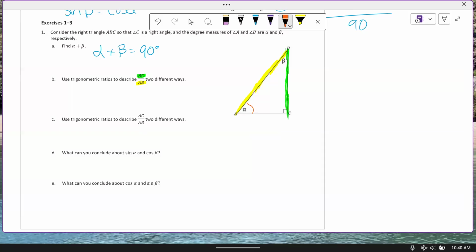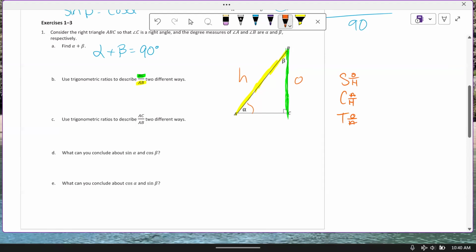So our green line is opposite of our alpha, and our yellow line is the hypotenuse. We can leave that hypotenuse right there as labeled because it doesn't change. It is always the hypotenuse. So in this case, opposite over hypotenuse, if we look at SOHCAHTOA, remember I told you, literally write SOHCAHTOA all over your paper.